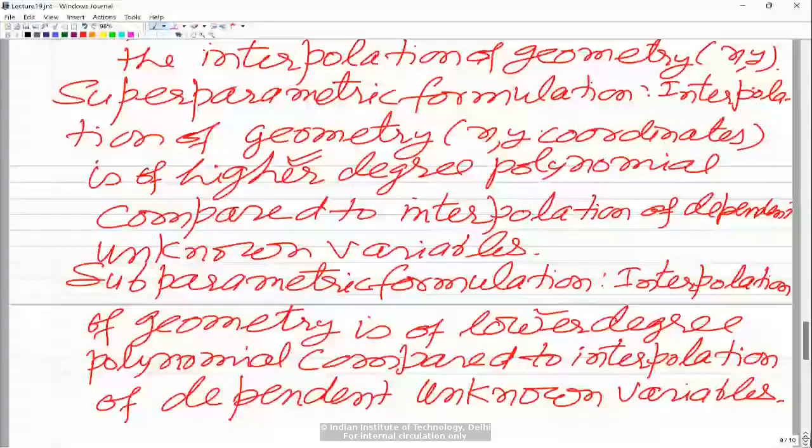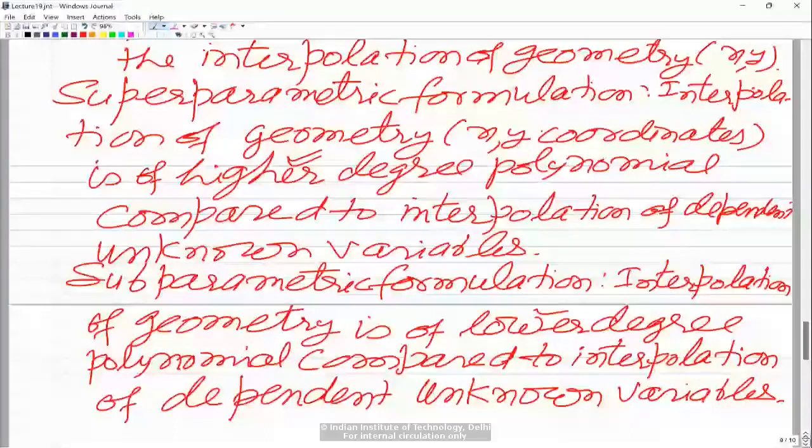So that kind of a thing. Similarly, in the subparametric case, T you interpolate as A0 plus A1 xi plus A2 eta plus A3 xi eta plus A4 xi square plus A5 eta square plus A6 xi square eta plus A7 xi eta square for temperature. But x and y you do B0 plus B1 xi plus B2 eta plus B3 xi eta.